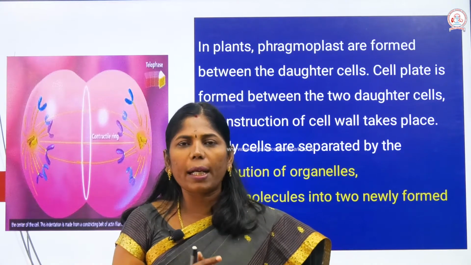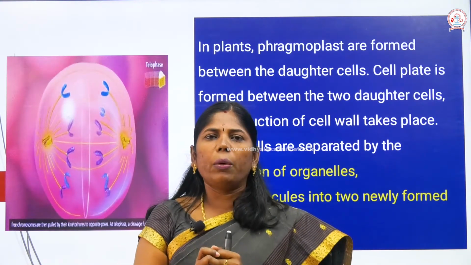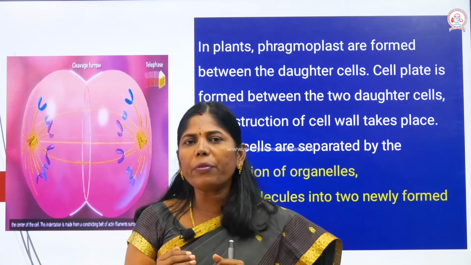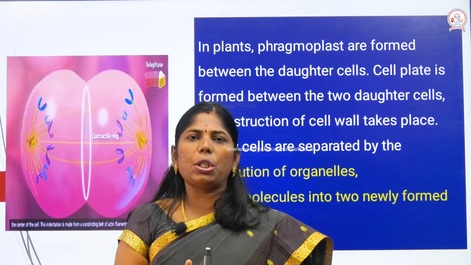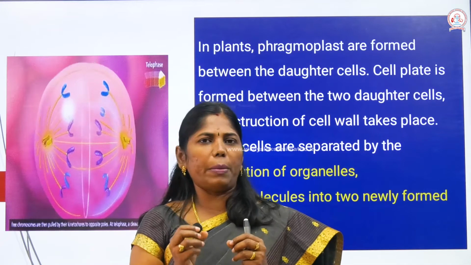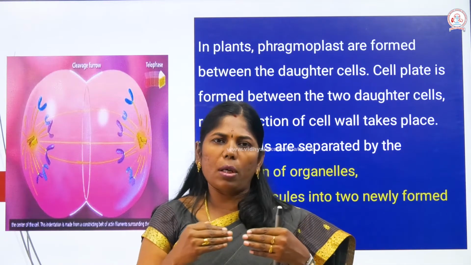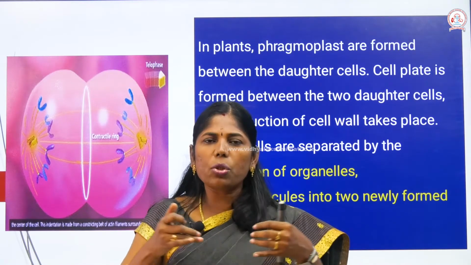What is a phragmoplast? It consists of small fragments, like vesicles, derived from the Golgi apparatus and the endoplasmic reticulum. So they form a cross wall, which in plant cells is formed from the center to the margin.